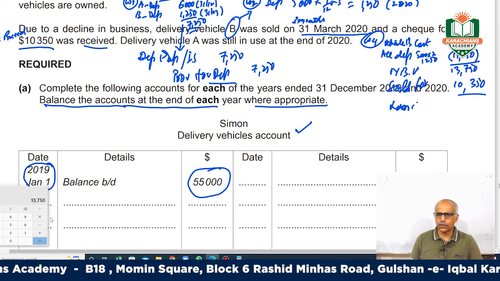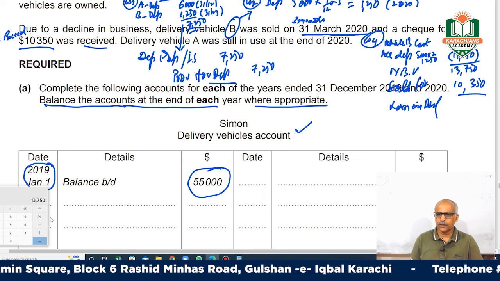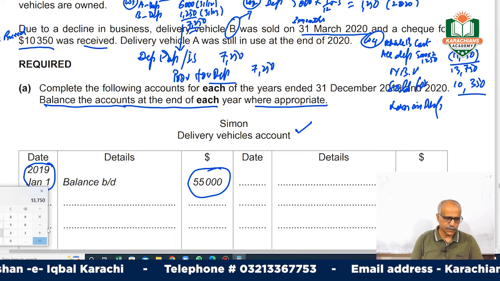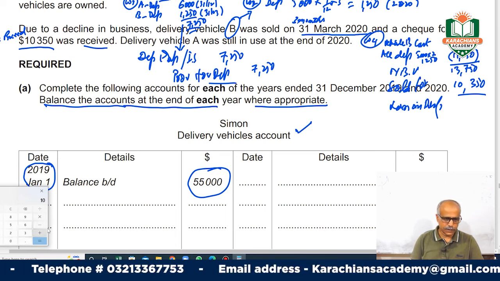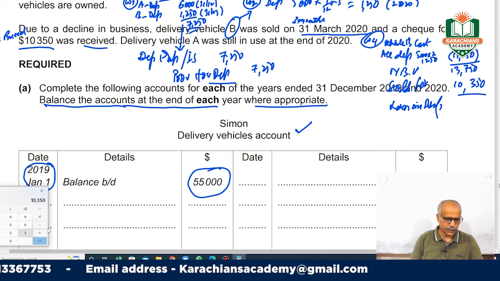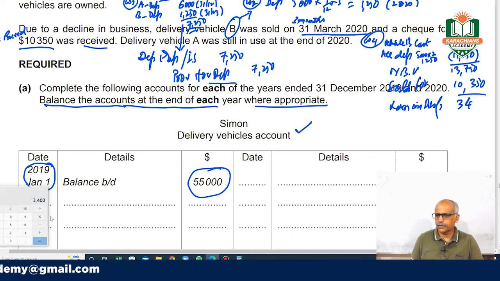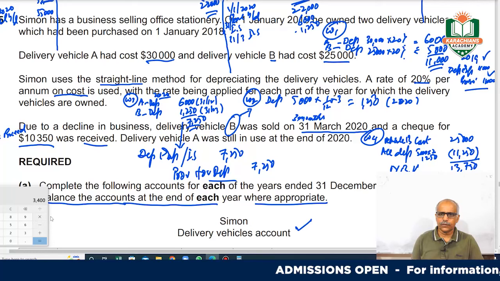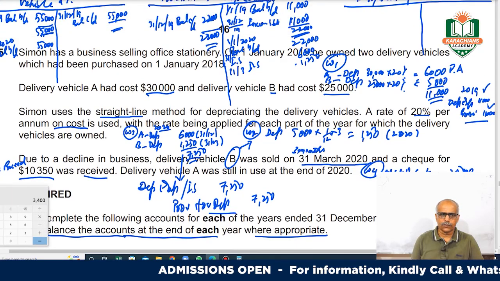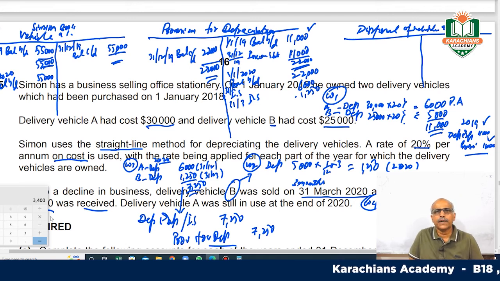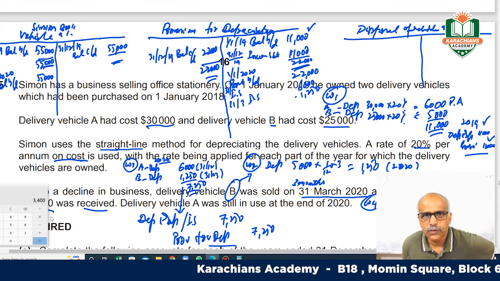So loss on disposal is 13,750 minus 10,350. This is 3,400. 3,400 is your loss. So you have to complete your account for 2020.